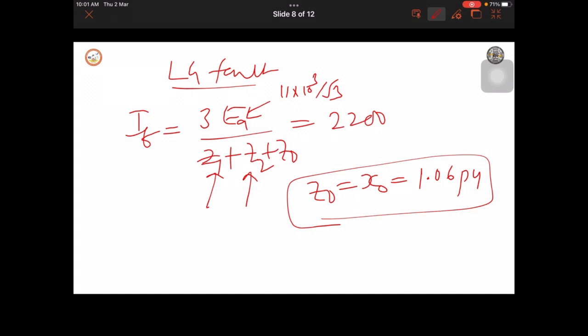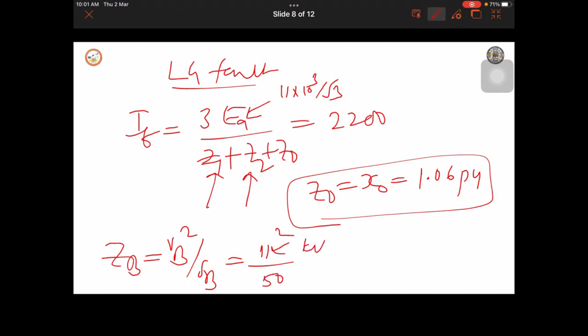So this is how we can find the reactances in per unit as well as reactances in ohms. For the actual value, you have to find the base impedance ZB, that is VB square by SB. Here the voltage is 11 squared divided by the SB value, which is 500. The voltage should be in kilovolts and this should be in MVA. So if you consider this, you will get this as 24 ohms.